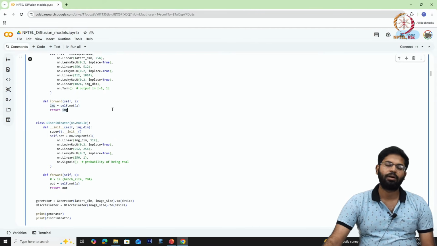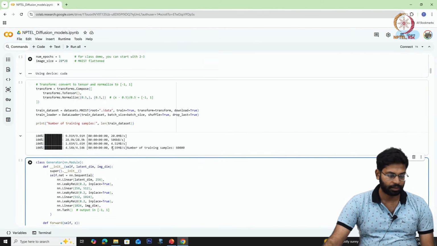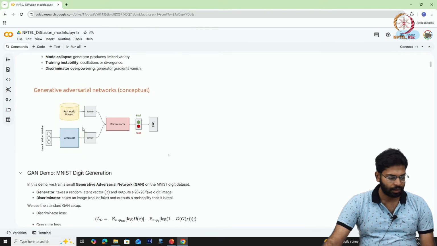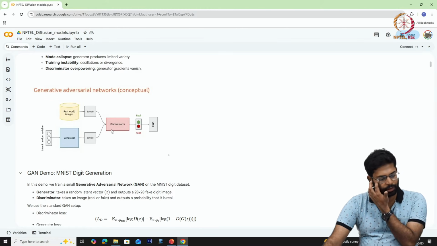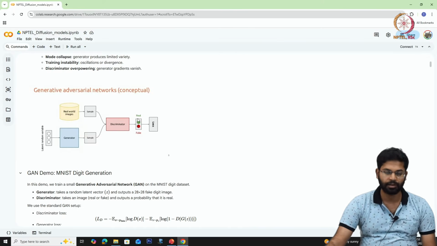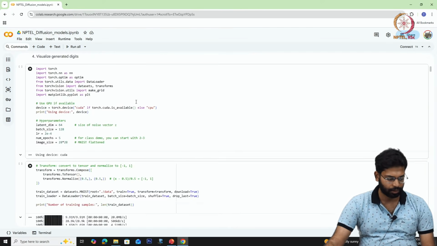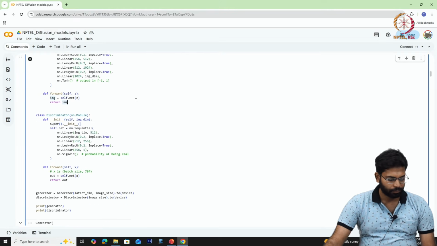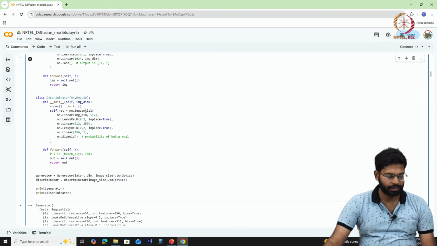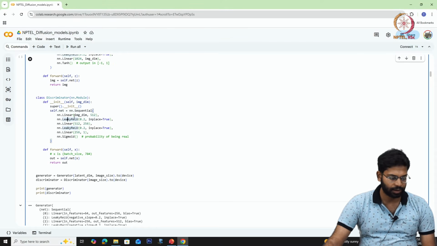Now comes the discriminator. Recall the figure again. What was the discriminator? The discriminator takes an image and tries to classify it as either real or fake, right. So it again involves a similar set of linear layers followed by activation layers. But what is important here is the input and output.